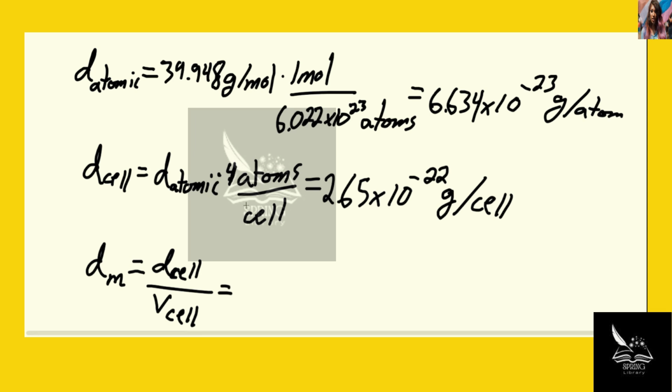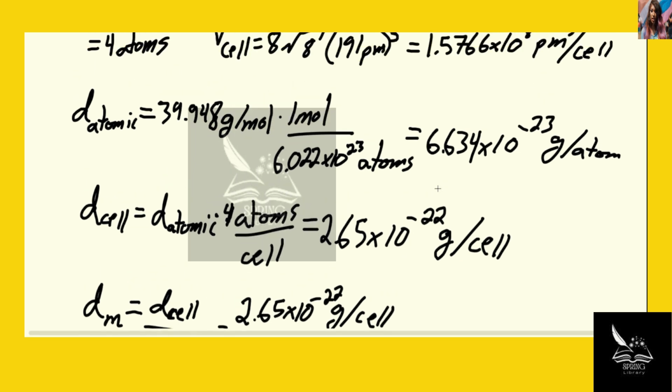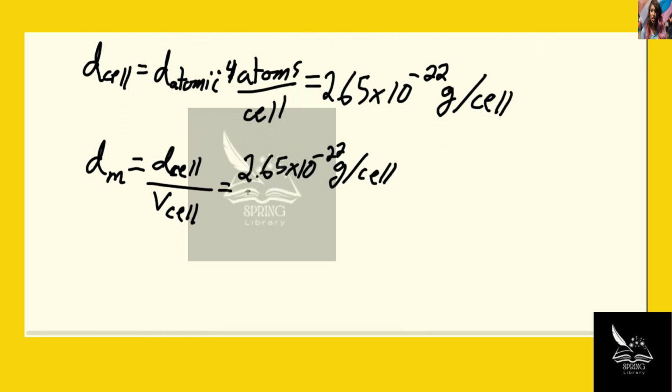So we're going to have 2.65 times 10 to the negative 22 grams per cell, and we will divide that by 1.577 times 10 to the 8 picometers cubed per cell.